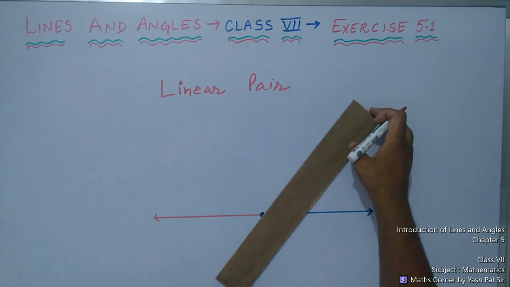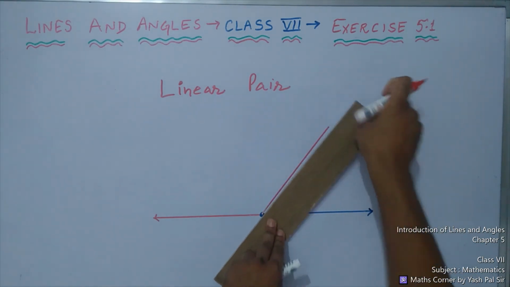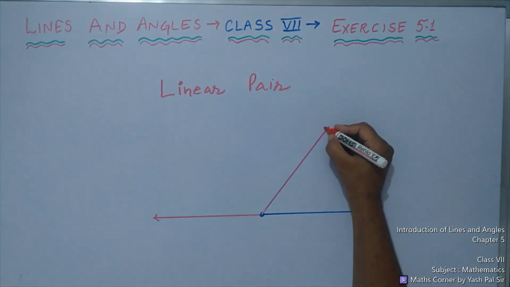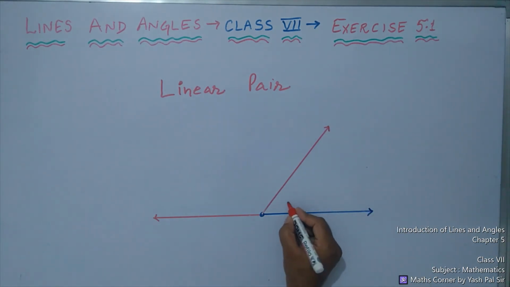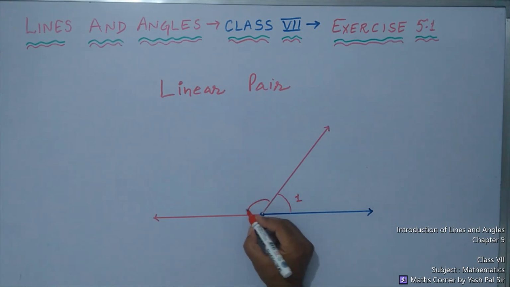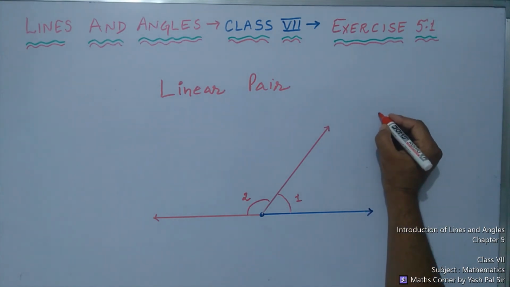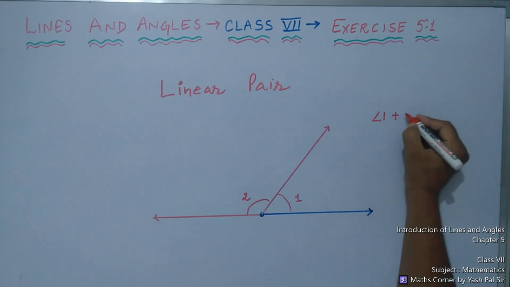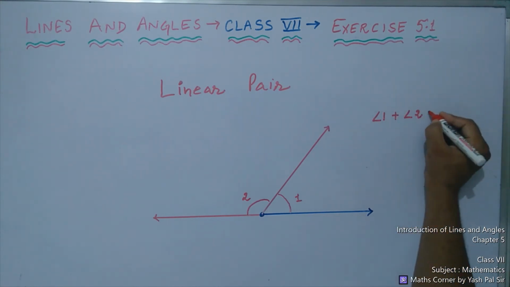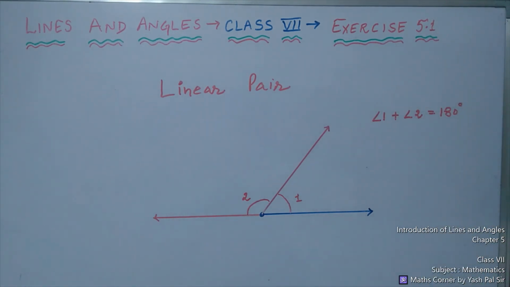But somewhere here we have a third ray. So here this is called angle 1 and this is called angle 2. Now what happens on the straight line, the sum of two angles, angle 1 plus angle 2, is equal to 180 degrees.